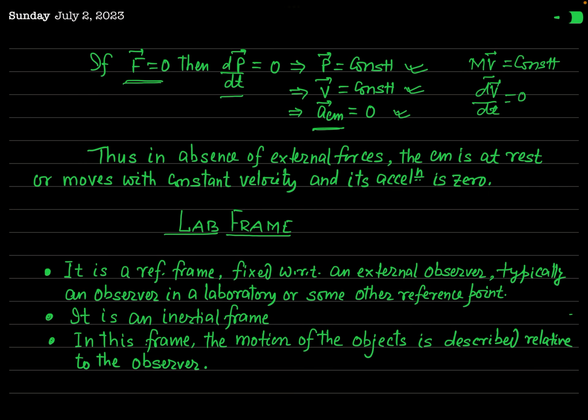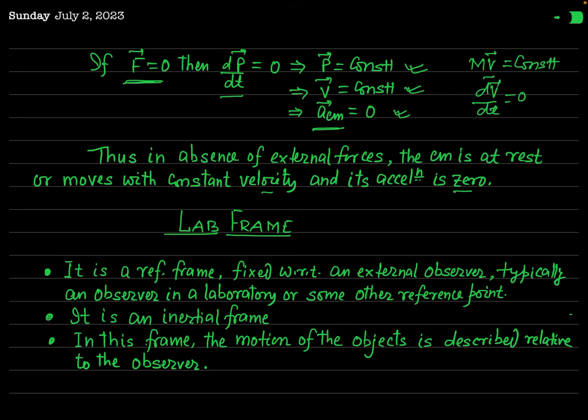You can see that in absence of external forces, the center of mass is at rest or moves with constant velocity, and its acceleration is 0. Okay, actually this criteria, that is when you talk about the isolated system, this is very important. This will be used as a defining condition or defining equation of the center of mass frame.